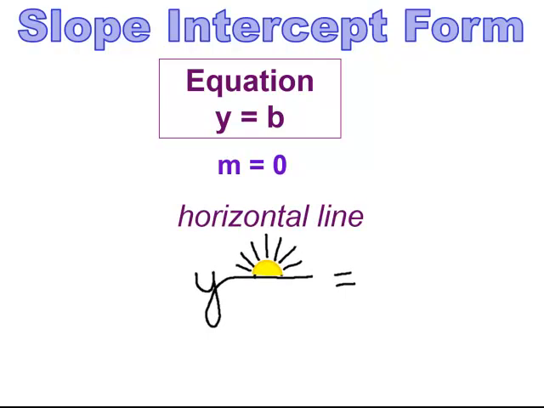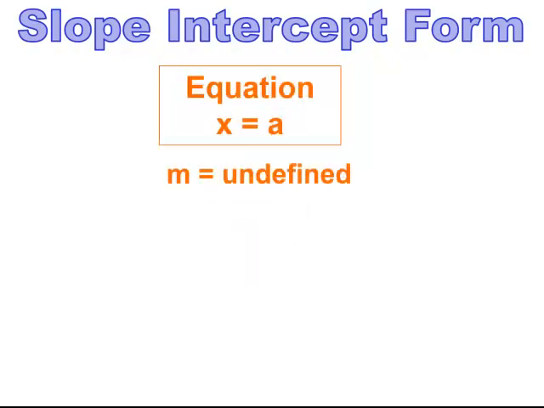So you're going to go to where the y value is, and you're going to draw a horizontal line. A way of remembering this is that y creates a horizontal line, like the horizon, so when you have y equals some number, you're going to go to the y value and draw a horizontal line.